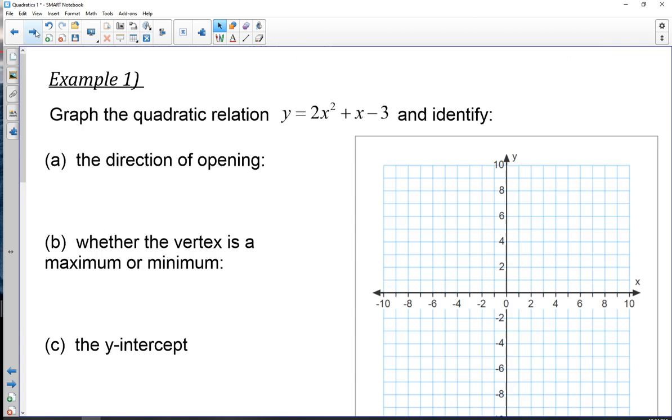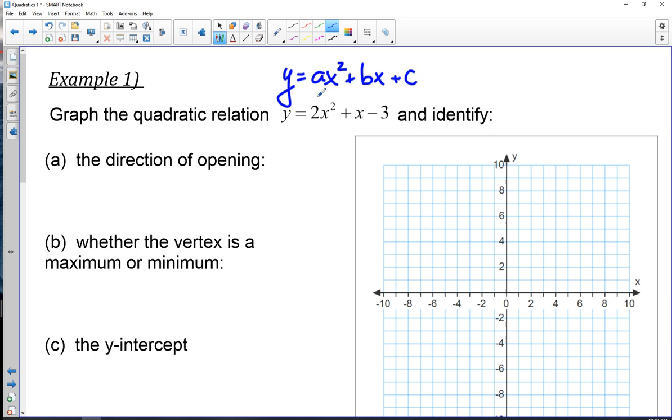Okay, some quick examples. Example 1, we have y equals 2x squared plus x minus 3. And we want to, from this quadratic, identify the direction of the opening, whether the vertex is a maximum or a minimum, and the y-intercept. So this parabola is written in standard form. y equals ax squared plus bx plus c.